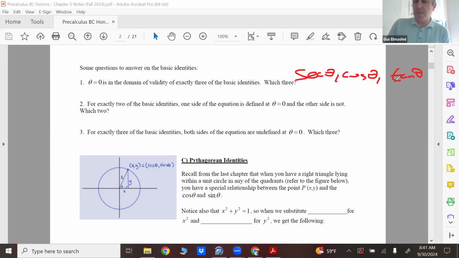For exactly two of the basic identities, one side of the equation is defined at theta equals 0, and the other side is not. That was for sine theta. And also, cotangent, right.